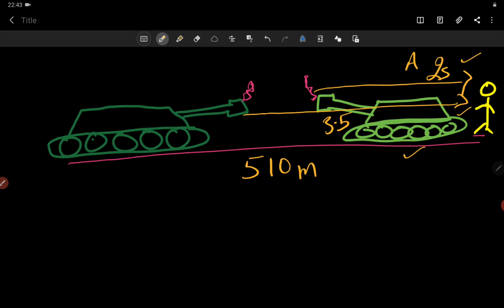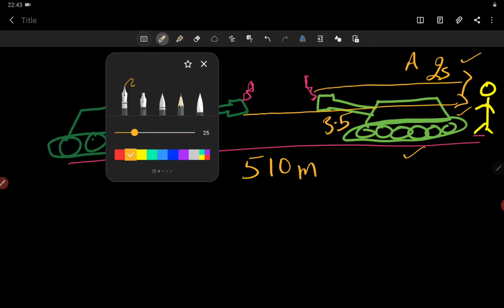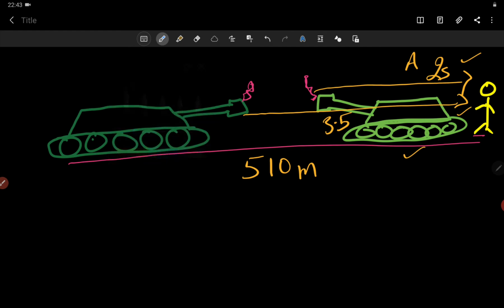Now as you can see, the sound is taking 2 seconds from this point to this point. Let me take another color here, probably this blue will do. So from this point to this point also should be 2 seconds. So the remaining part, from this point to this point, should be 3.5 minus 2, which gives me 1.5 seconds.